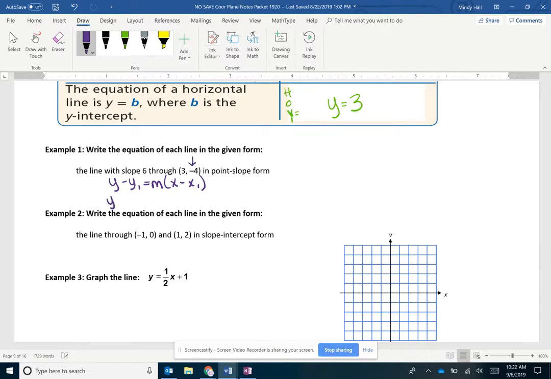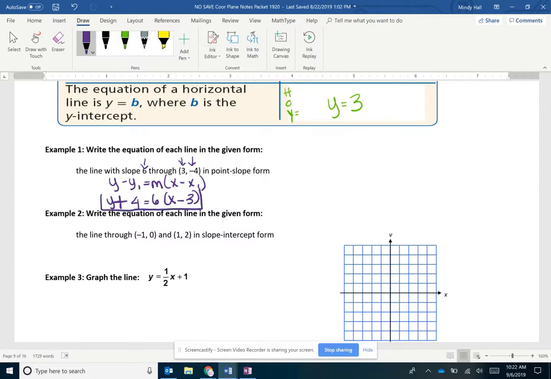It comes from the ordered pair. So we have y minus -4 equals slope, which is 6, times x minus the x value. And because it's y minus -4, that does become a positive, and so then you are left with y plus 4 equals 6 times x minus 3.